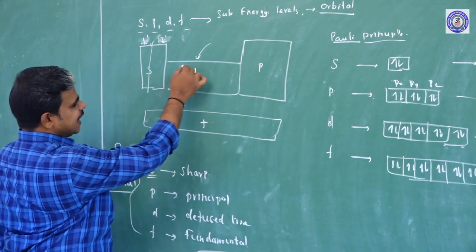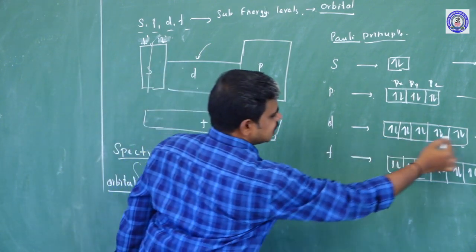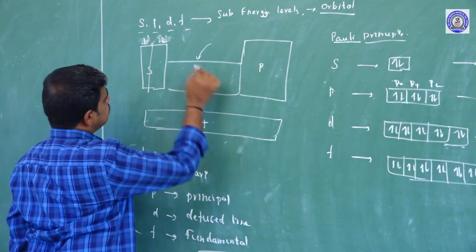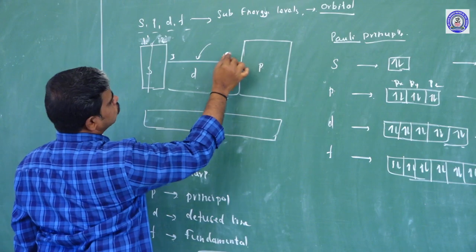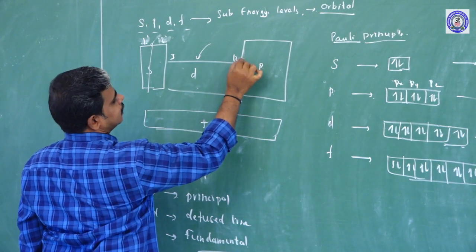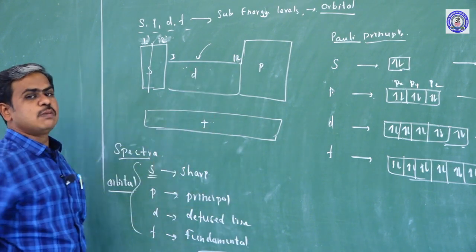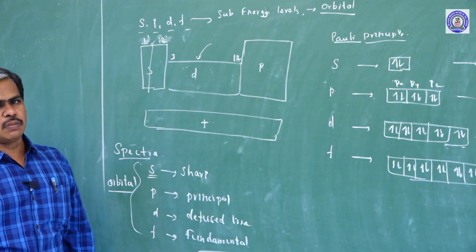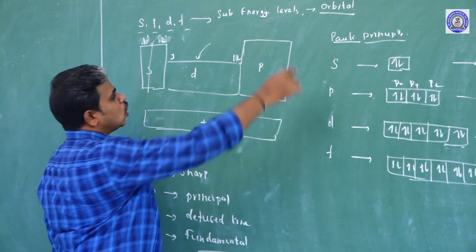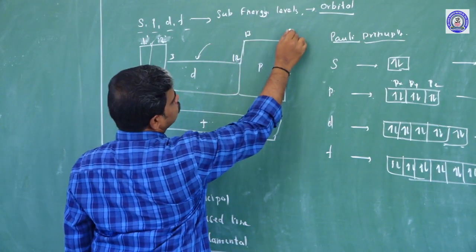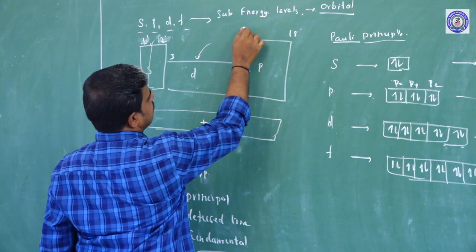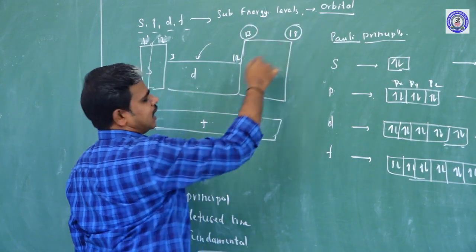Now D orbital, what is it? It is 10 electrons, so group number 3 to 12 are called D block elements. Now group number 13 to 18 are called P block elements.